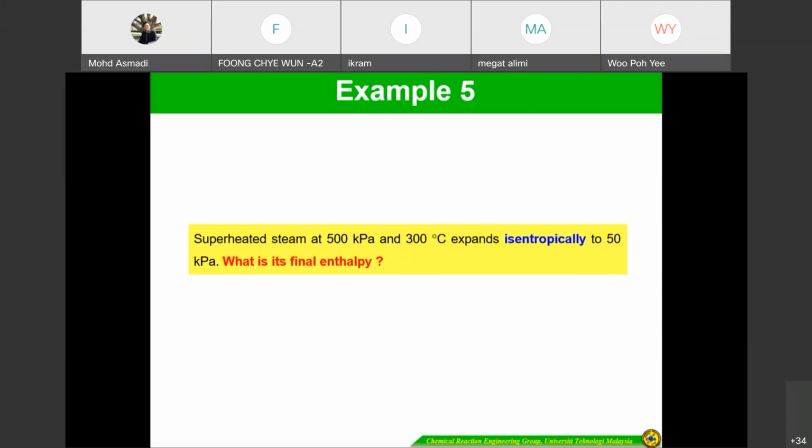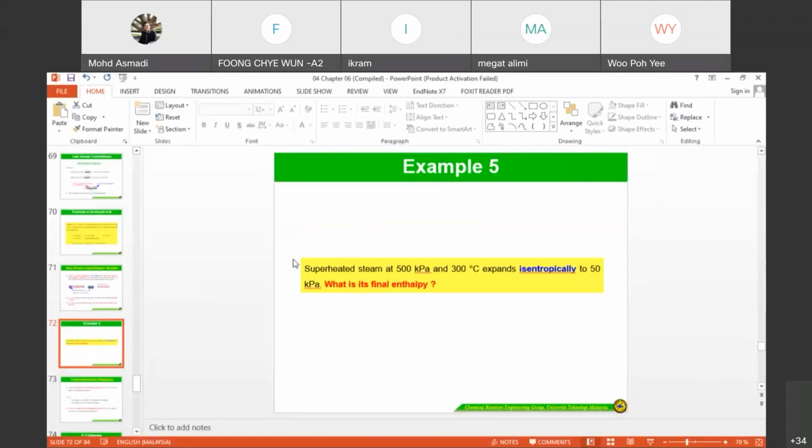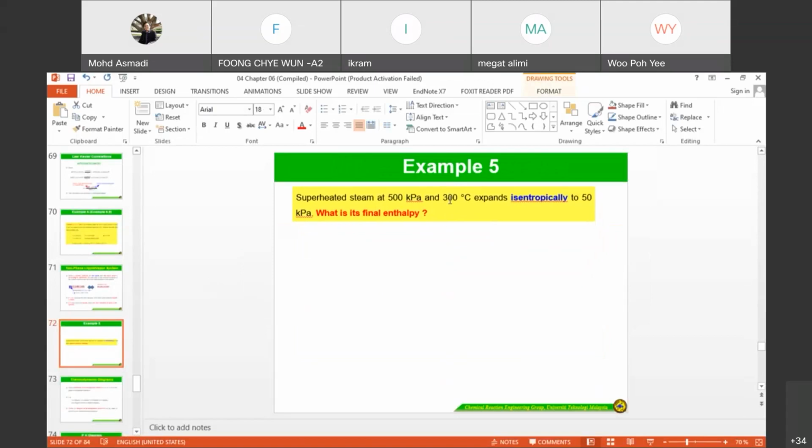Because it's isentropic, what you have to do first is refer to the superheated steam table, Table F.2.